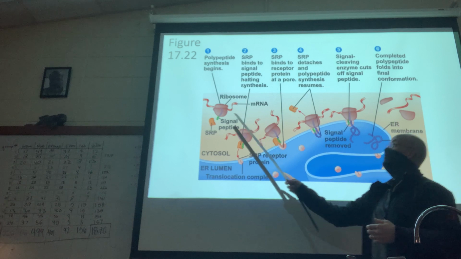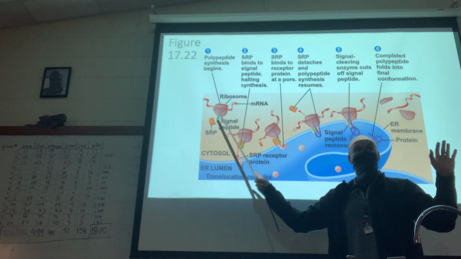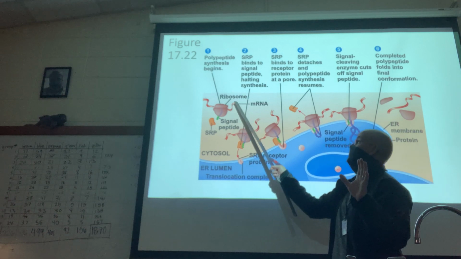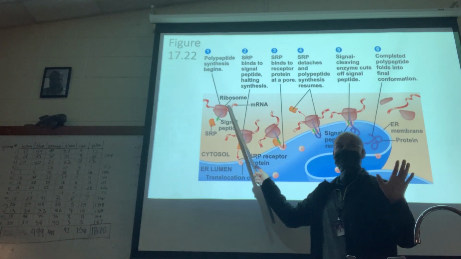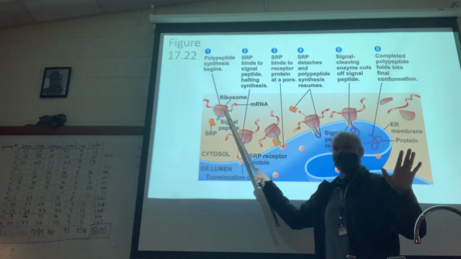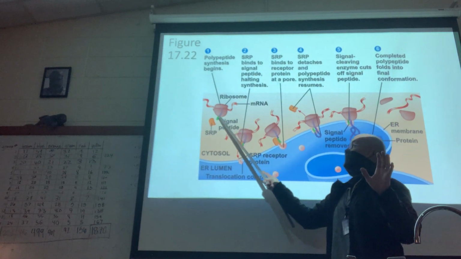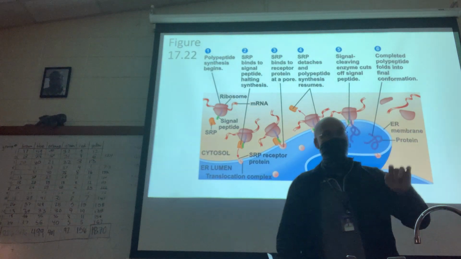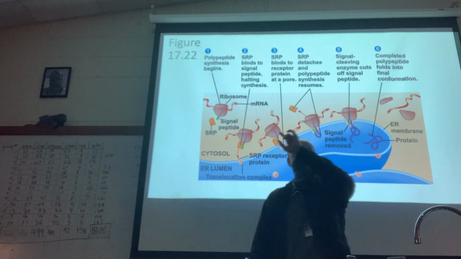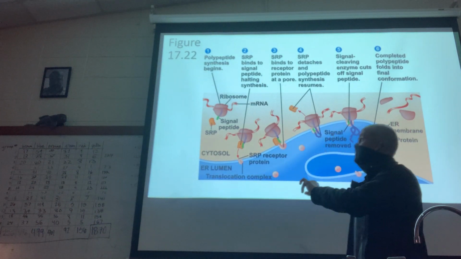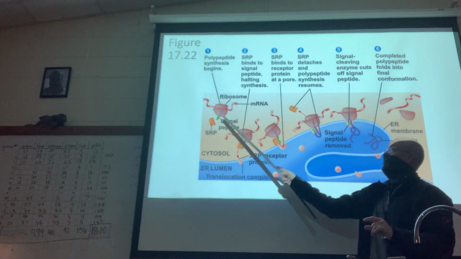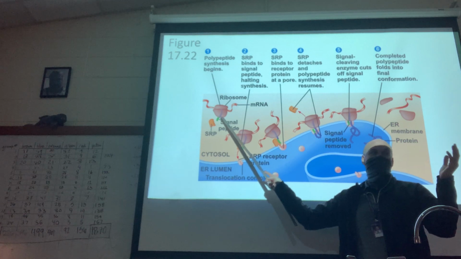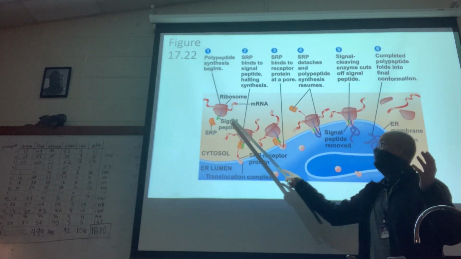So every ribosome kind of starts out as what we would call a free ribosome. The process is going to happen in the cytoplasm. But if the protein needs to go to the ER and then the Golgi body for export, it's going to have some kind of amino acid sequence that's called a signal peptide.